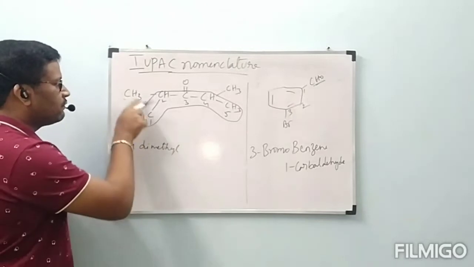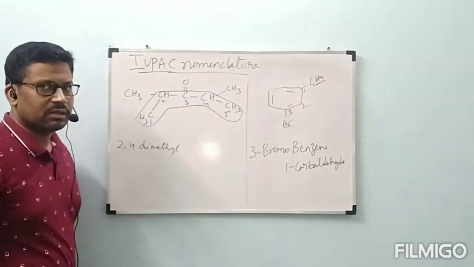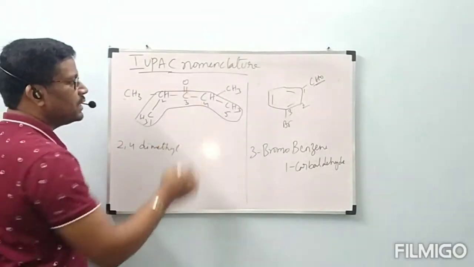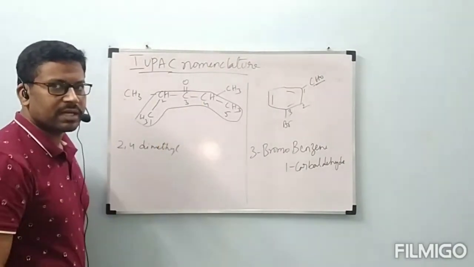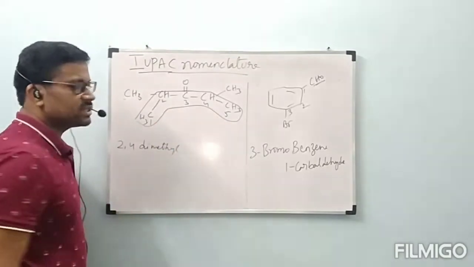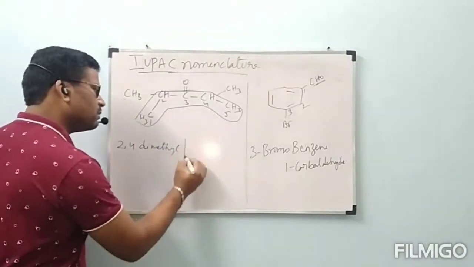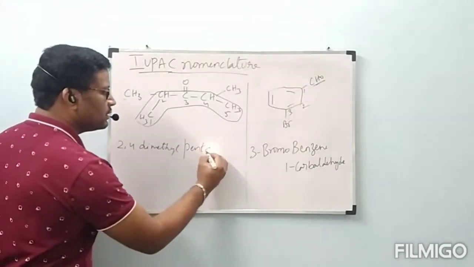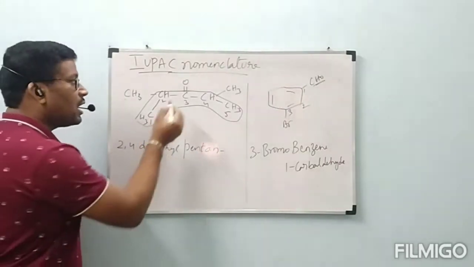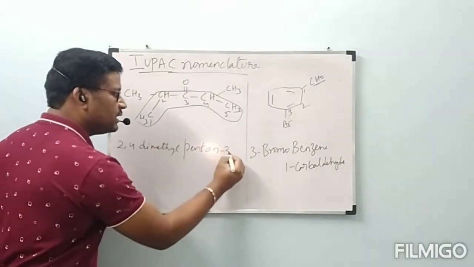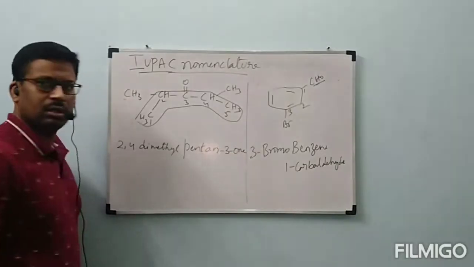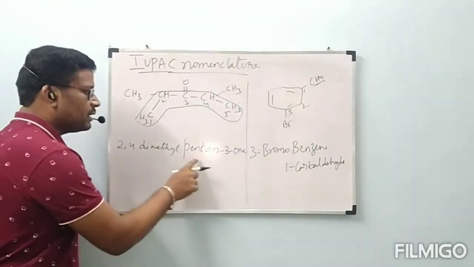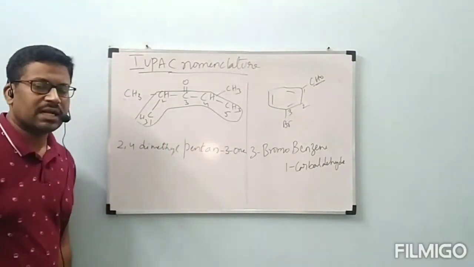On second carbon, on fourth carbon, methyl groups are there. On which carbon do we have ketone group? Ketone group is included in parent chain. Total number of carbons present in parent chain 5. So, root word pent. All are single bonds only. Pentan. On which carbon C double bond O is present? 3, one. 2,4-dimethylpentan-3-one because it is a ketone.